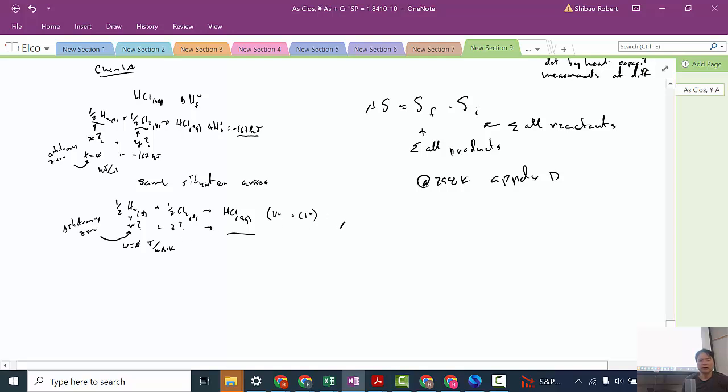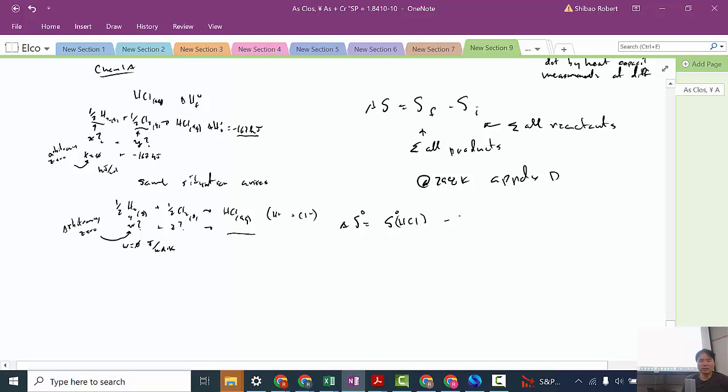Like, for example, delta S for this is going to be the entropy of the HCl. Now, Appendix D is also under standard conditions, so we have to be under standard conditions here.